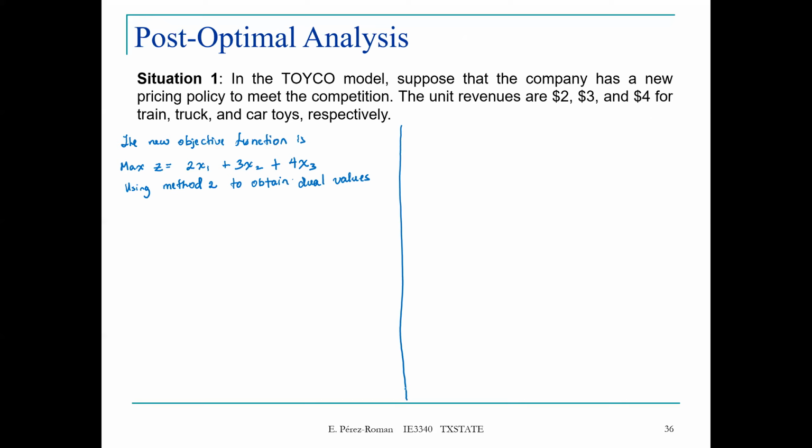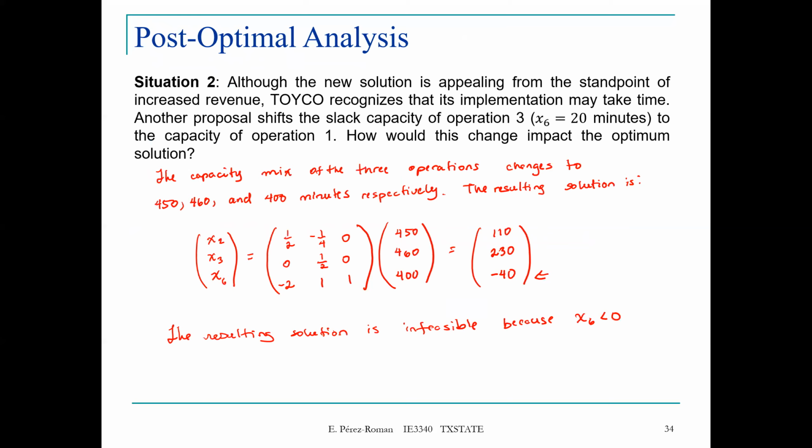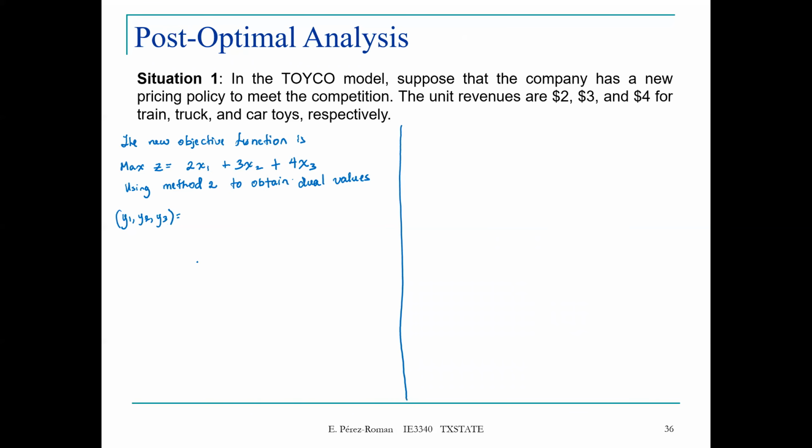Okay, so we want to find y1, y2, and y3. This is going to be equal to, remember that we used the order of the basic variables. If you remember, the order of the basic variables is x2, x3, and x6. So in here, we use 3 and 4. x6 has no value in the objective function.